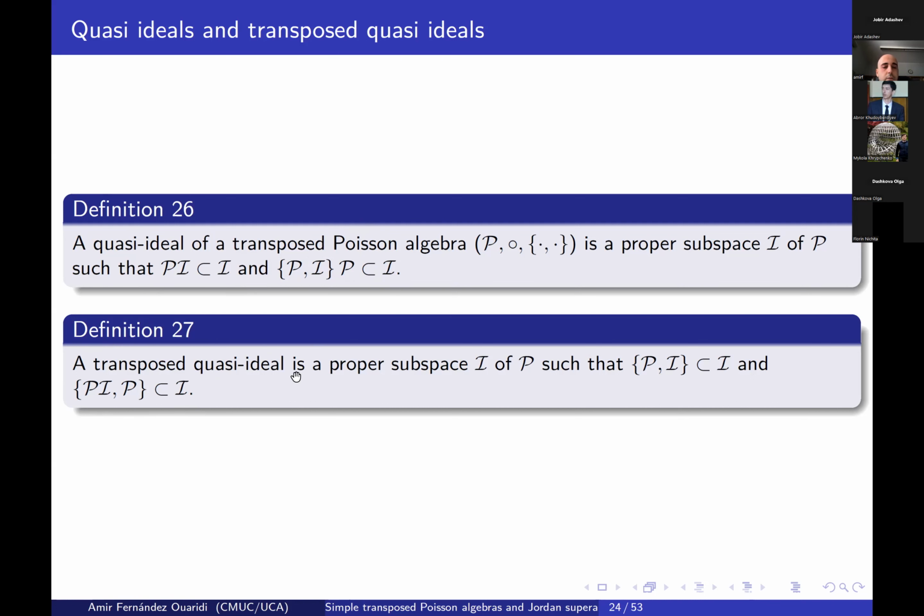A transposed quasi-ideal is a proper subspace I such that it is an ideal of the Lie bracket, and we have that the product of I bracket P is contained in I.